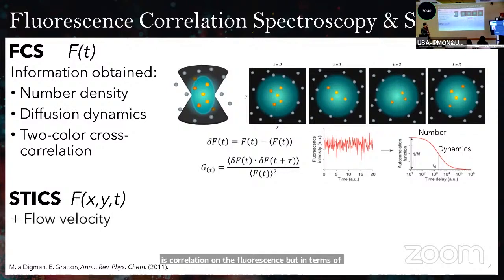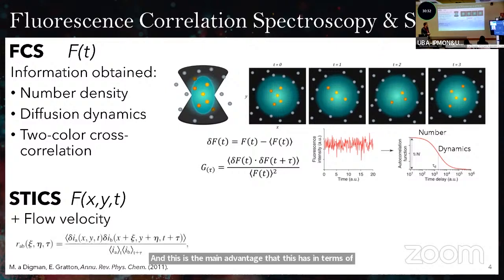This allows us to extract the flow velocity. And this is the main advantage in terms of new information that we can extract from the sample. The correlation function looks a little bit more messy, but it's exactly the same. It just means that we now have x and y and time instead of only time, and of course, the delays in x and delays in y.